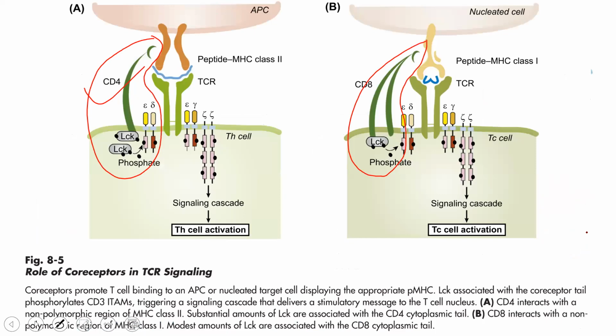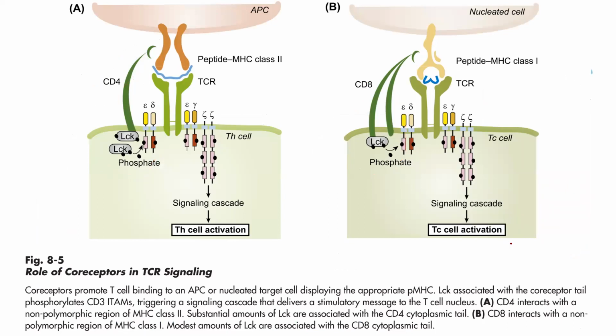However, keep in mind that whenever the T cell receptor, as you can see once more in this picture, recognizes the peptide presented with the MHC class 2 molecule, the CD4 also simultaneously needs to recognize the MHC class 2 molecule.